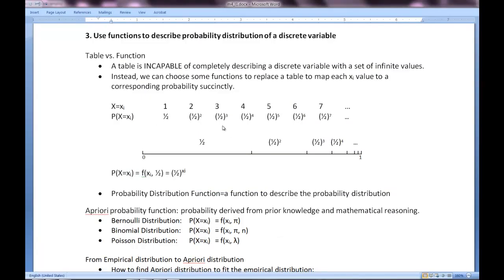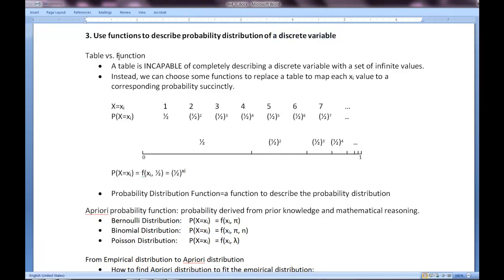We will now turn to the third step of modeling uncertainty mathematically, which is to use function to describe probability distribution. And again, in this lecture, we are only going to cover the discrete type of variable.